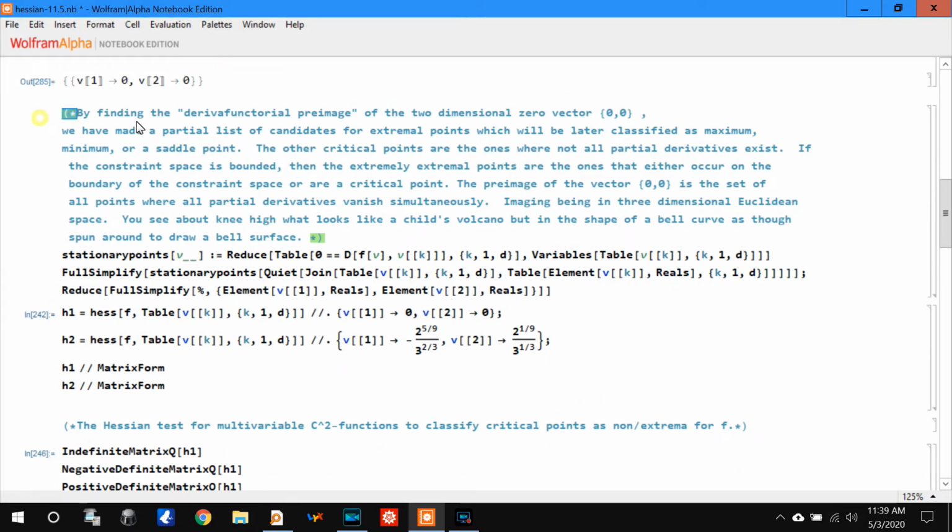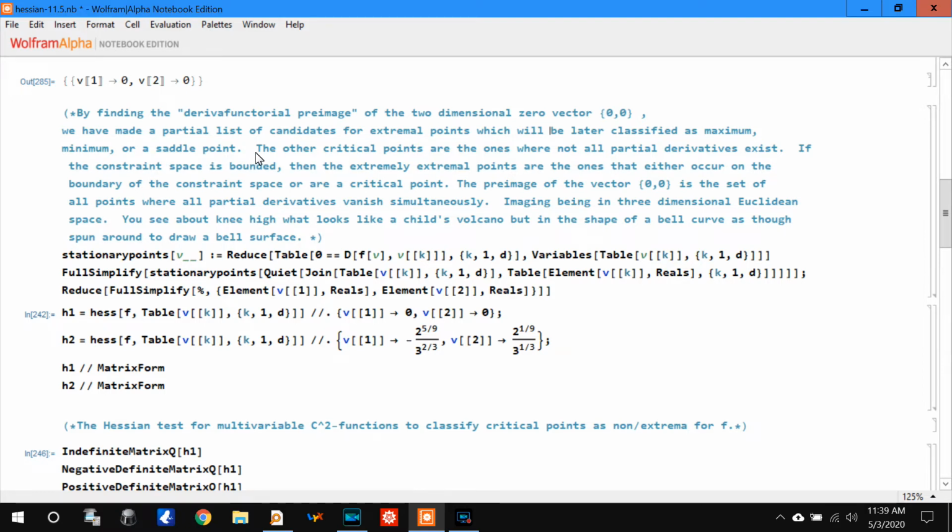All right, so by finding what I call the derivational preimage of the two-dimensional zero vector (0, 0), we have made a partial list of candidates. We haven't necessarily found anything yet for extremal points, which will be classified as maximum, minimum, or saddle point.